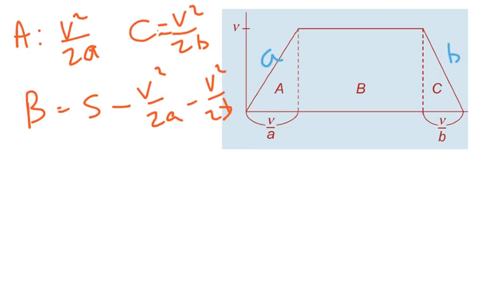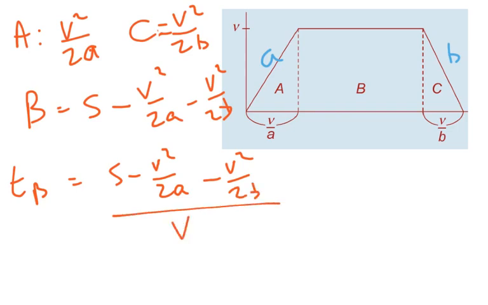And then the time is going to be this divided by v. So the time for b, tb, is equal to s minus v squared over 2a minus v squared over 2b, all divided by v.